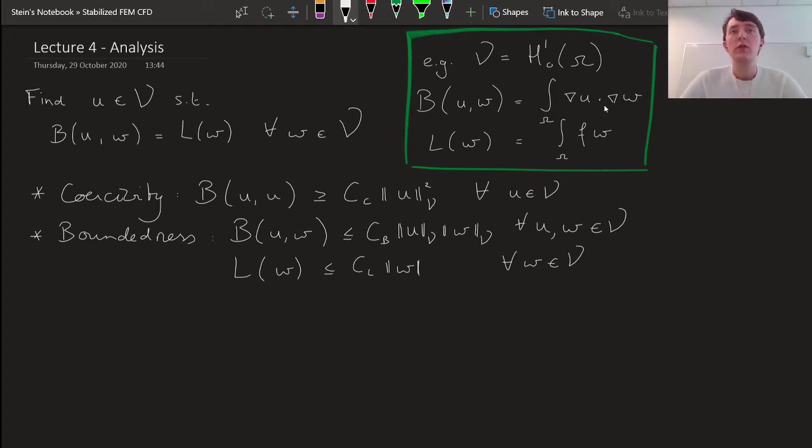Now remember, the Stokes equation was a prototypical equation that had a mixed set of variables, a solution field U that describes the velocity, and a solution field P that was the pressure.